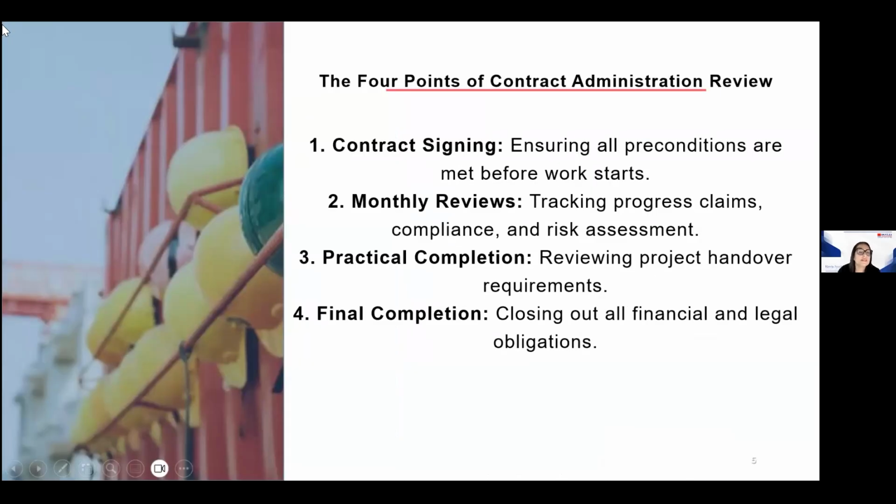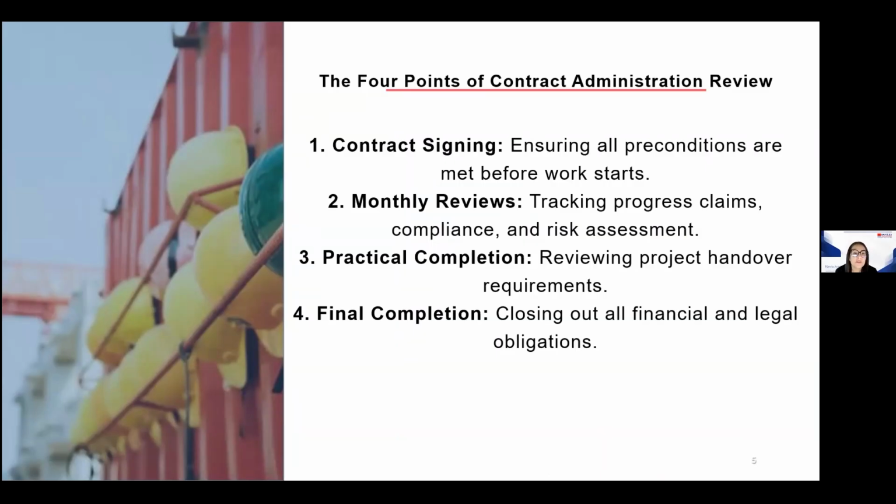So there are 4 points of contract administration review. I want you to think of contract administration as these 4 checkpoint reviews, and that is the contract signing, the monthly reviews, practical completion, and final completion. If something is missed early, it compounds later and often irreversibly. So, importantly, with contract signing, ensure all preconditions are met before the work starts.